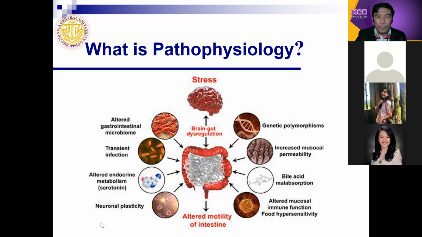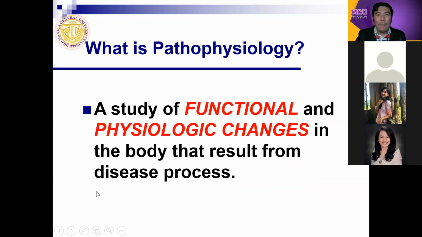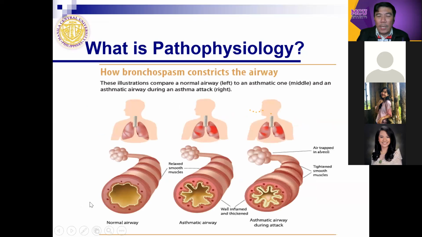So next, po, as a typical example, as I mentioned, pathophysiology is the study of the functional and physiologic changes that are brought about or result from the disease process. Now, I will show you the difference between a normal airway passage and that of a person who is experiencing asthma.